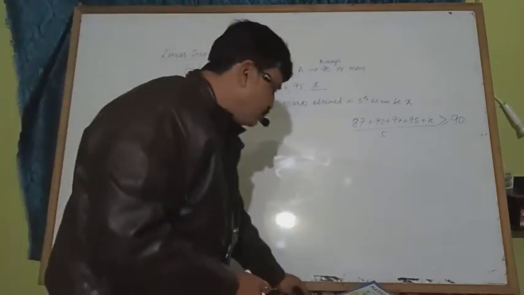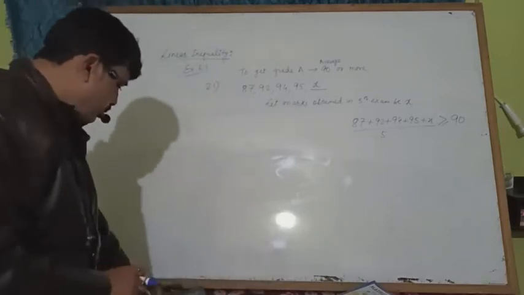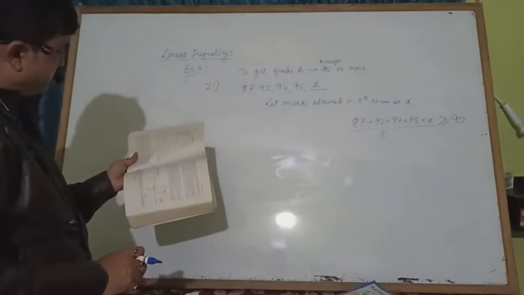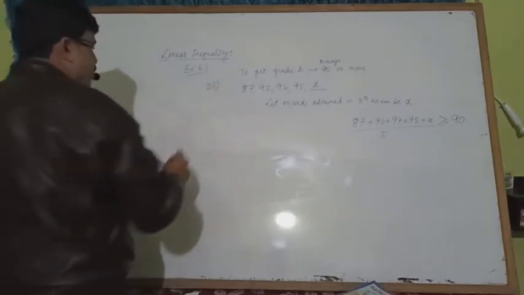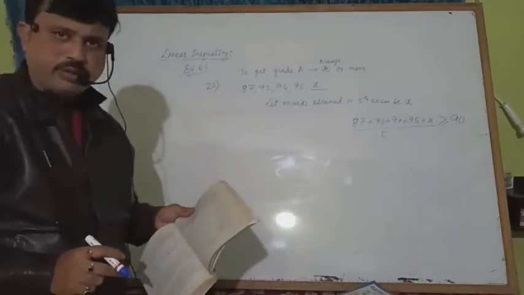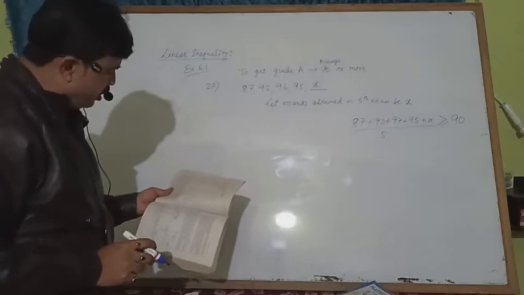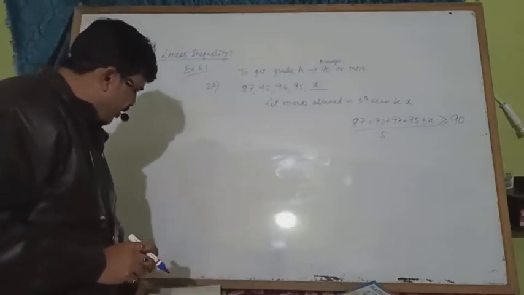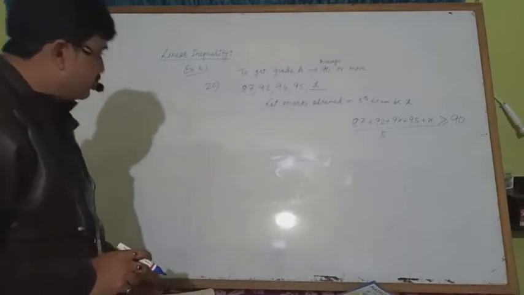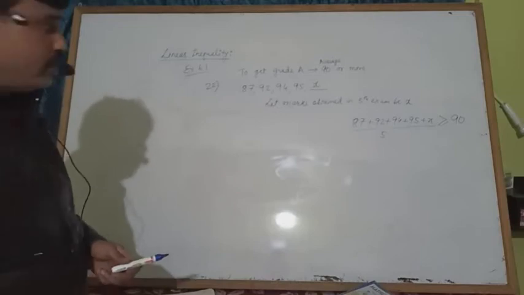Oh, sorry, it was question number 22. 21 is the same type, you can do it yourself. Now 23 and 24 are of the same kind, so if I explain one, the next you can do yourself.